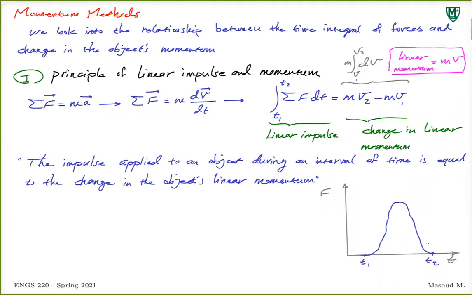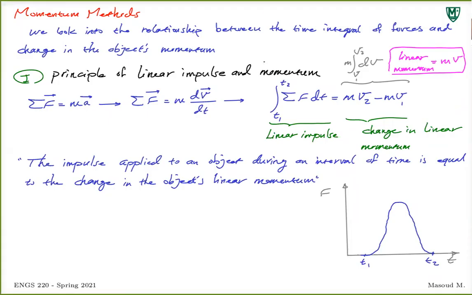Now, you can think about that principle in terms of an average value. If this is your force applied in some time interval to an object, you can think about it as an average: whatever is the value of the force in this time interval divided by the time interval. So you can find the average force.